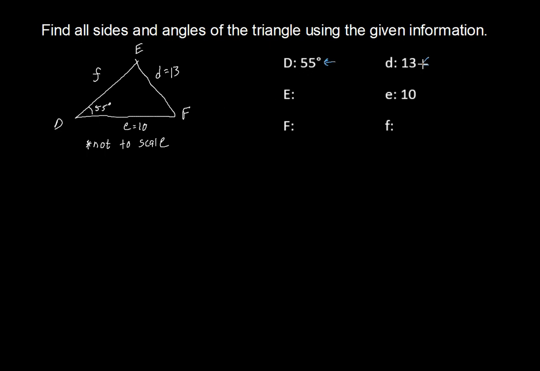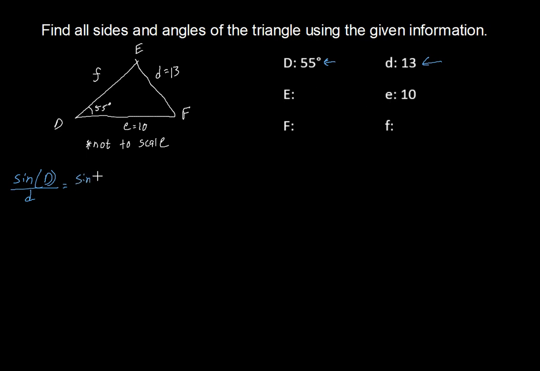So that's how I know that I'm probably going to use law of sines here. If I ever see a side angle pair, I'm going to jump straight to law of sines. So let's go ahead and do that. I know that the sine of capital D divided by lowercase d is equal to, and the side that I have more information about is that capital E and lowercase e.